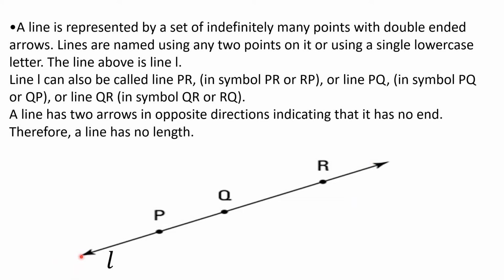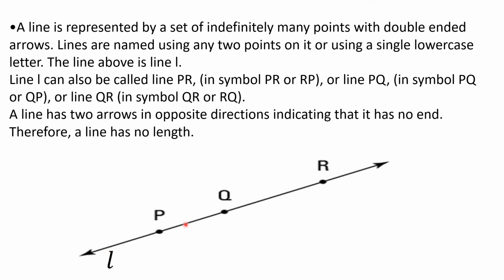And then in naming a line, we can use 2 points. So we have line PR, and we can also use PQ and QR. We can also use a single lowercase letter in naming a line.